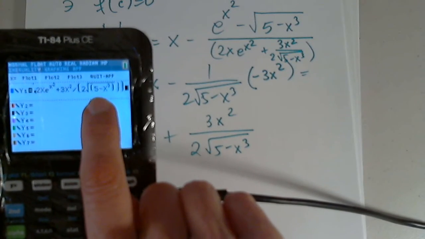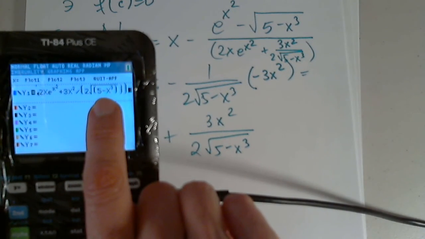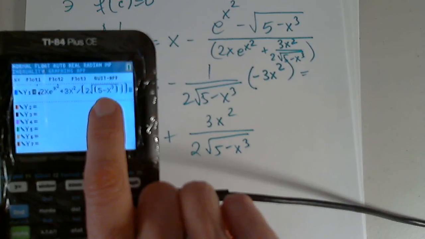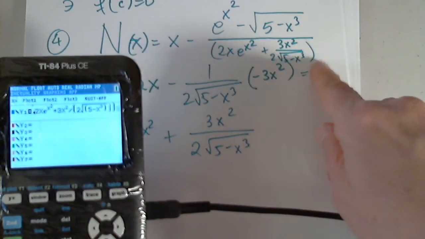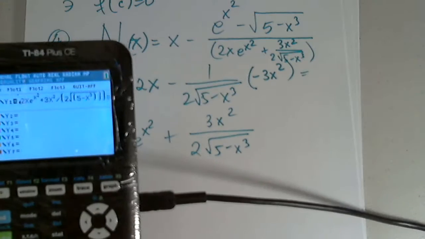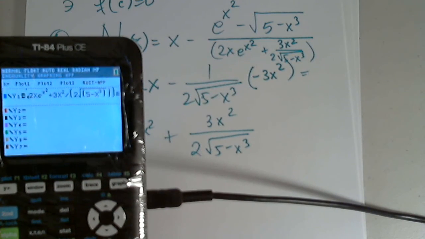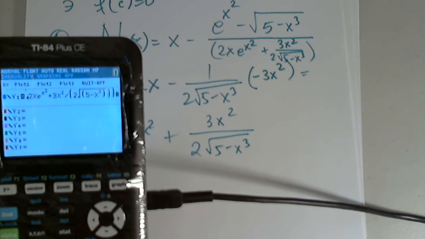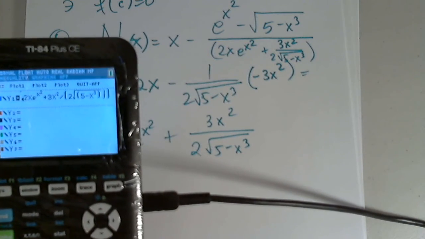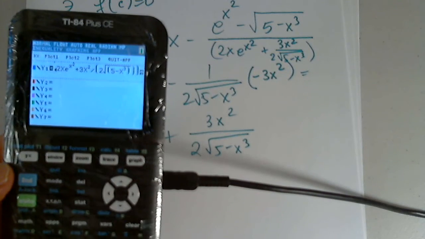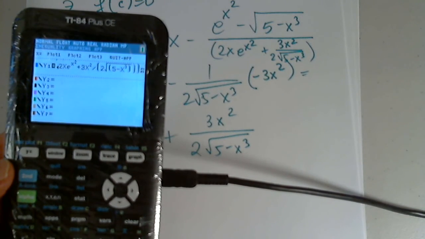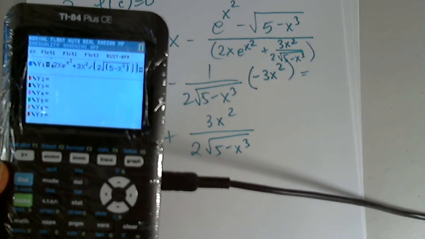I also put what is under the square root in parentheses. And also I have the big parentheses for the entire denominator, which is the first derivative. And after that, I will get out of there with second and quit. Should I still wait? No, I got it now.